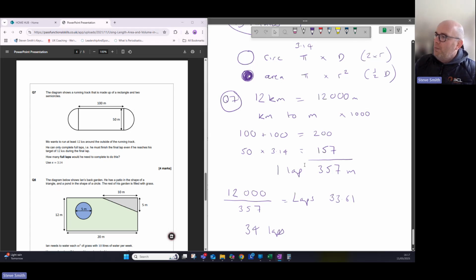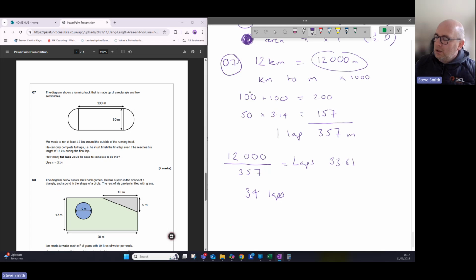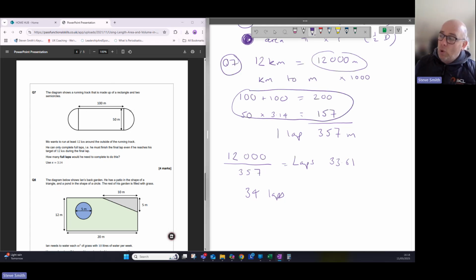So where are you getting 4 points from in there? Well, I'd say you're definitely getting 1 for converting kilometers to meters. So we're getting 1 there. And then we're getting another 1 for working out the distance right around the perimeter of the whole track.